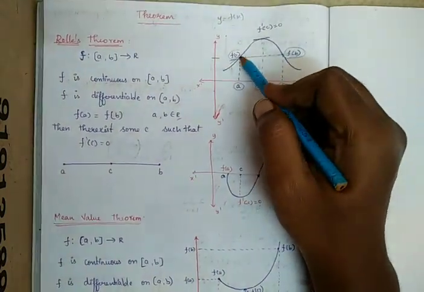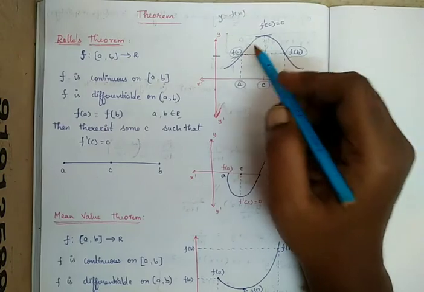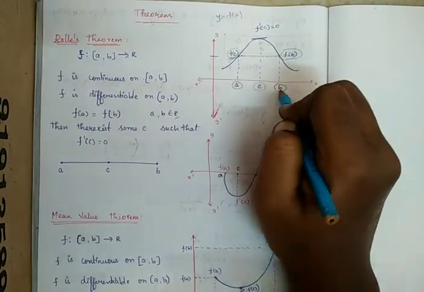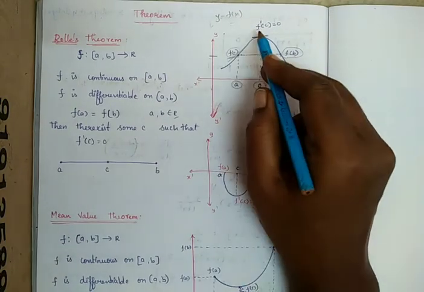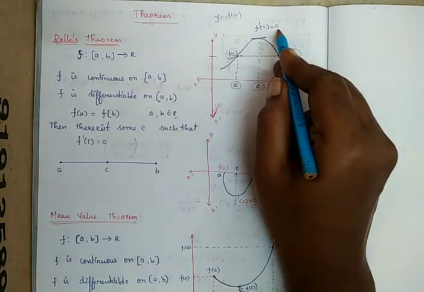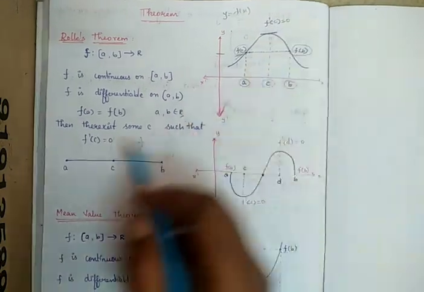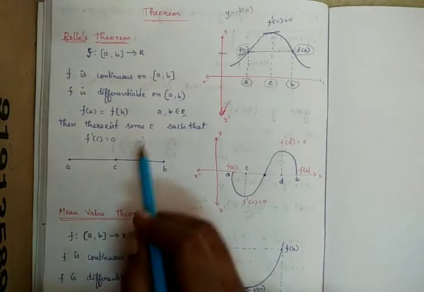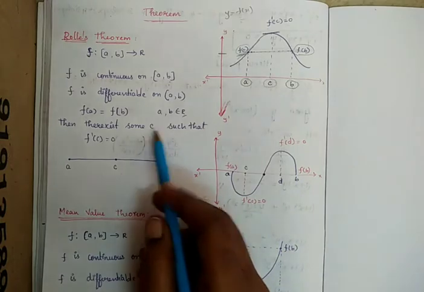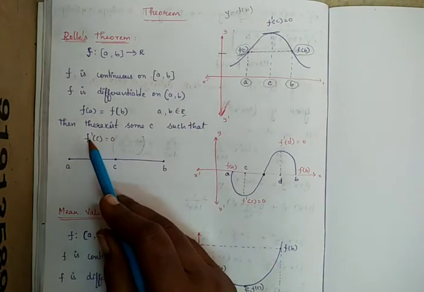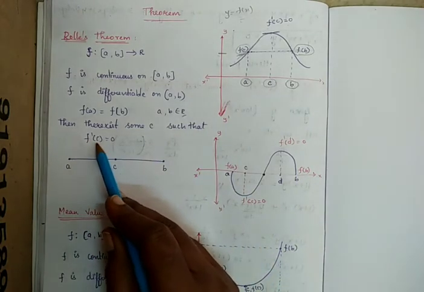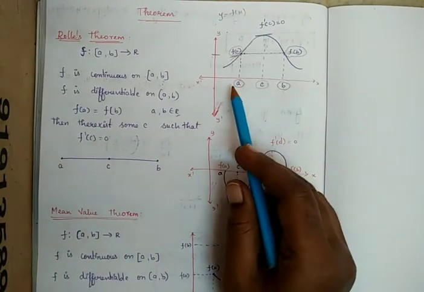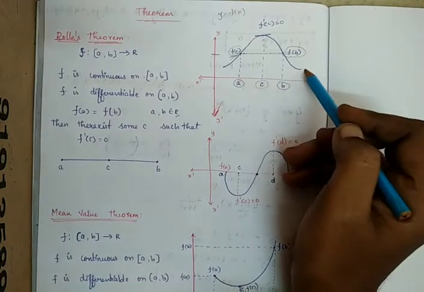The slope is nothing but the derivative. Similarly, between a and b, at one point the derivative will become 0. That will be lying between the points a and b. So there exists a point c such that f'(c) is equal to 0.